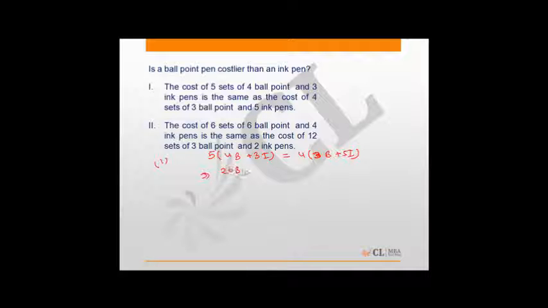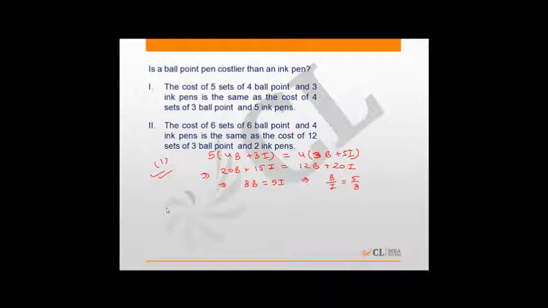That means 20B plus 15I is equal to 12B plus 20I, or 8B is equal to 5I. That gives you B upon I is 5 by 8. So we find the ratio of B and I, which is sufficient to give the answer whether a ballpoint is costlier or an ink pen is costlier. So I can say statement A alone is sufficient.